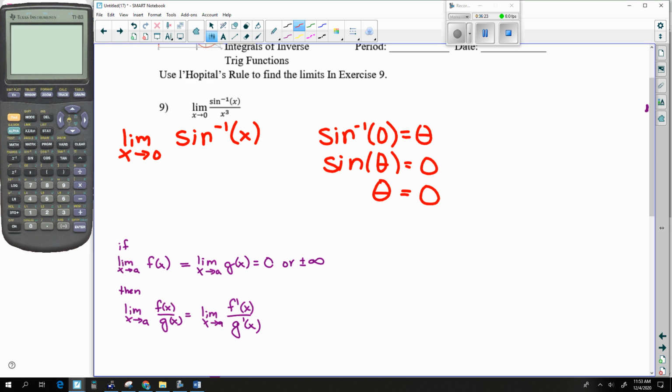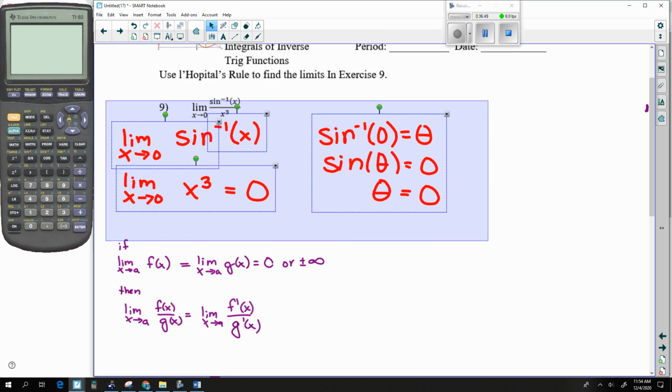That means the angle is equal to 0. I also notice as x goes to 0 the denominator is equal to 0. Pretty simplistic. So this is a situation where the limit of the numerator is equal to 0 and the denominator is equal to 0, like 0 over 0. So this applies for L'Hopital's.